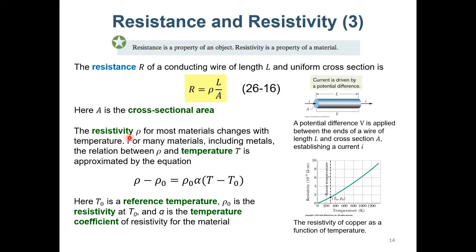The resistivity rho for most materials changes with the temperature. For many materials, including metals, the relationship between rho and the temperature T is approximately given by the equation rho minus rho 0 equals rho 0 times alpha times T minus T0, where T is the absolute temperature in Kelvin.